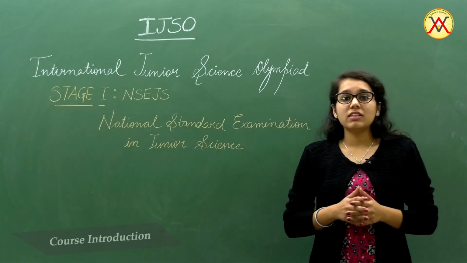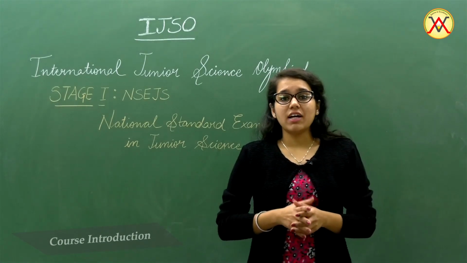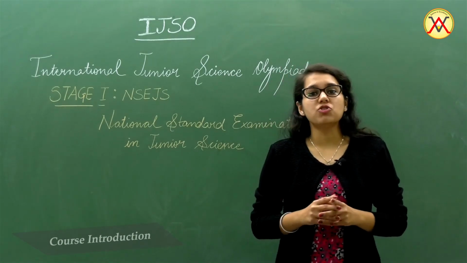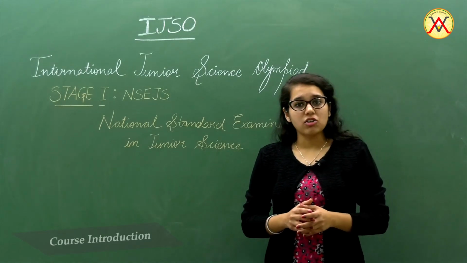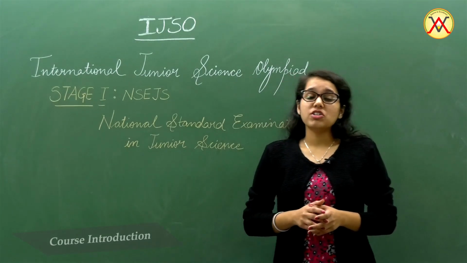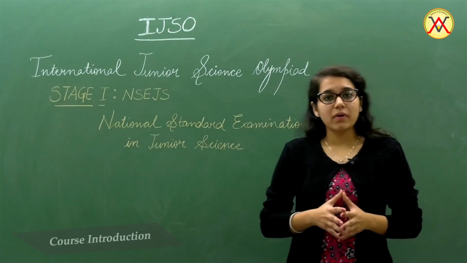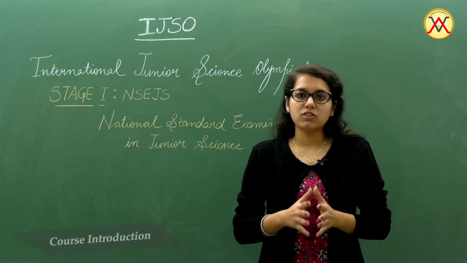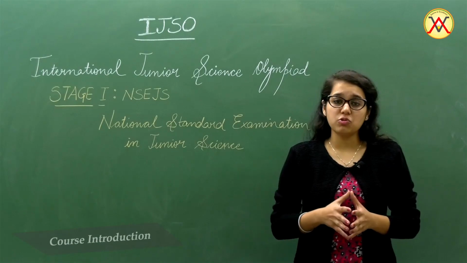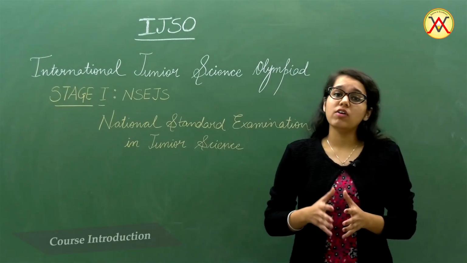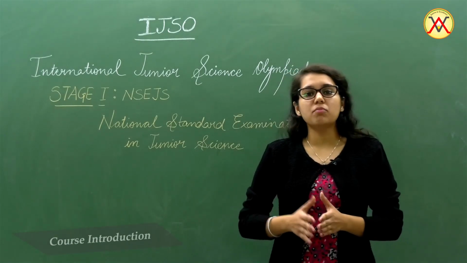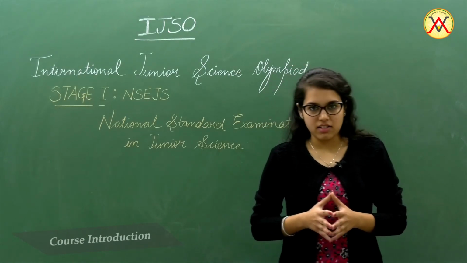The first stage is NSEJS, which stands for the National Standard Examination in Junior Science. Out of all the applicants who participate in this exam, the top 300 or approximately 350 students will qualify and move on to the second stage, which is INJSO.